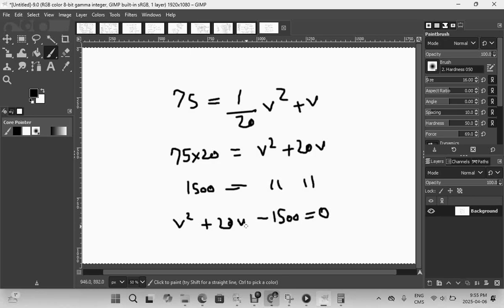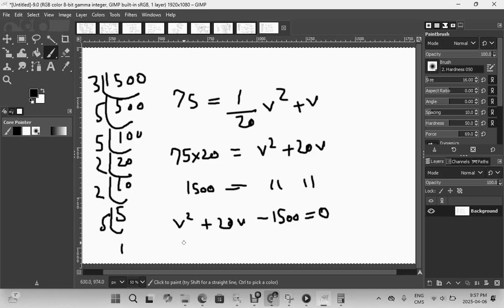Now we can find the factors. Which two numbers, when multiplied together, will give us negative 1500, and when added, give us 20? We can start off with 1500 and find the factors. This will be 50 and 30, so positive 50 and negative 30.